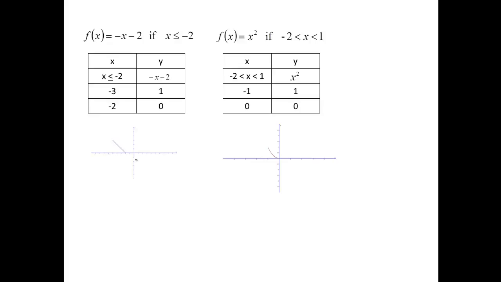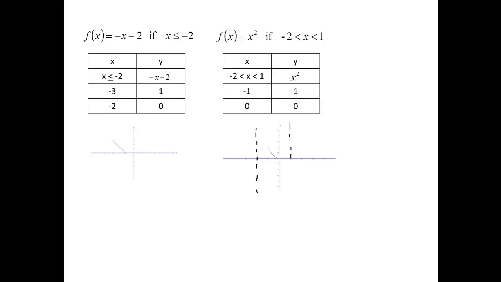And so now these two parts of the piecewise defined function, we have graphs for. So between where x is negative 2 and 1, so that's going to be from this area here between where x is minus 2 and 1.